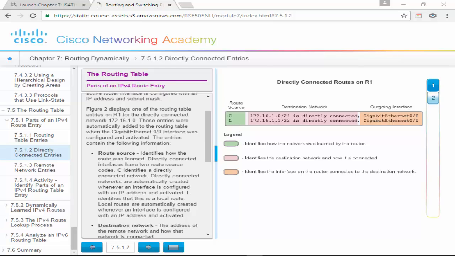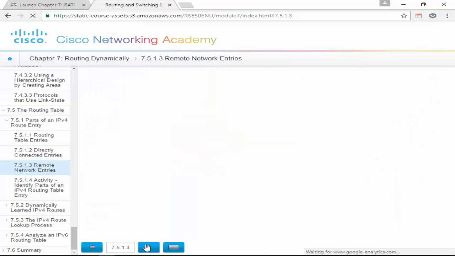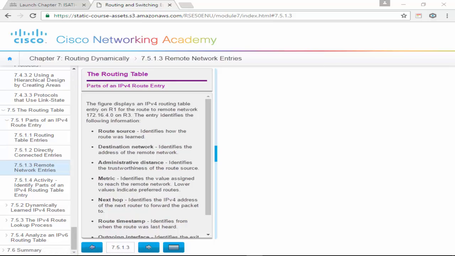If we look at these routing tables, our route source tells us how we learned it: directly connected, or local, or RIP, or EIGRP, which is a D, or OSPF, which is an O, and there's several O's with OSPF. What network we learned, and how we get there, which on the other ones it's going to be a little different. Okay, so remote entries, that was our directly connected.